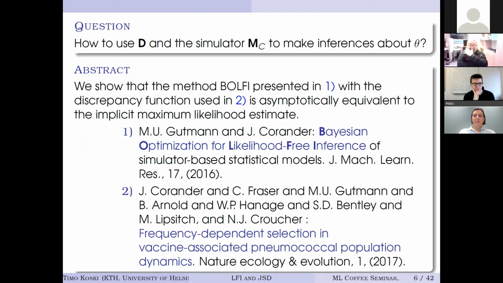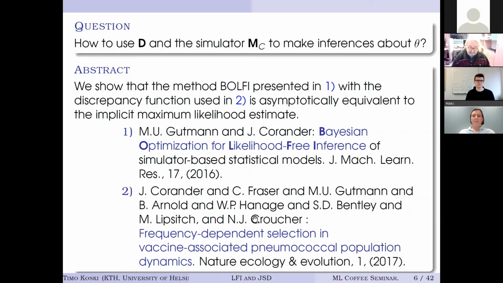What we are going to do is use BOLFI, however, with a specialized discrepancy function that has been introduced in this tool. And then we'll show that this is equivalent to an implicit maximum likelihood estimate.